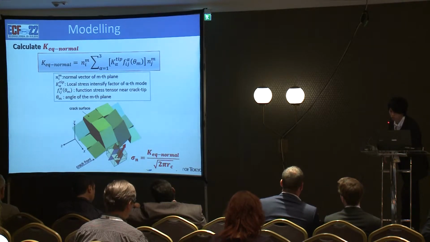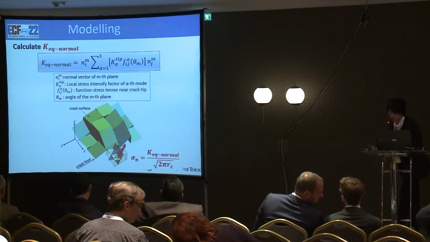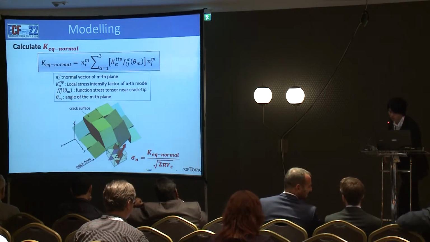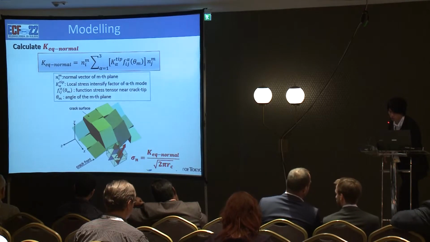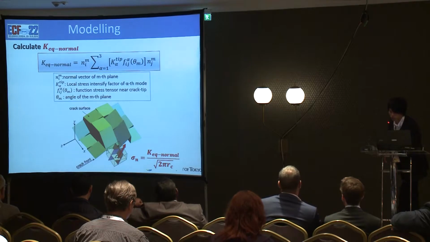This is the detailed equation calculating K normal. This K normal equation is based on the equation sigma n. Sigma n is the normal stress acting on the 100 plane at the crack front. Rc is the characteristic distance at which normal stress acts on the cells.